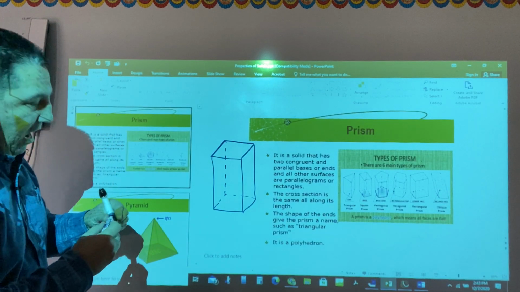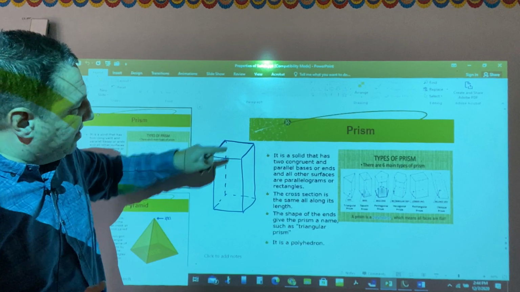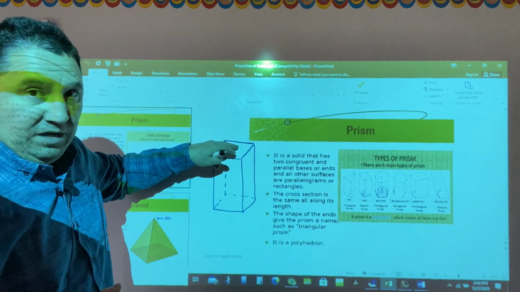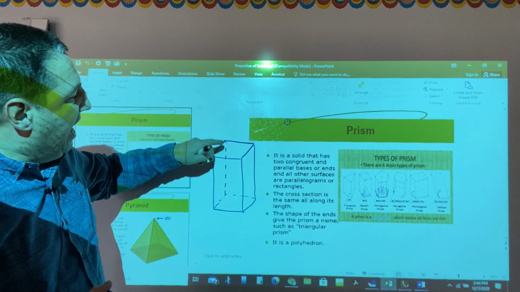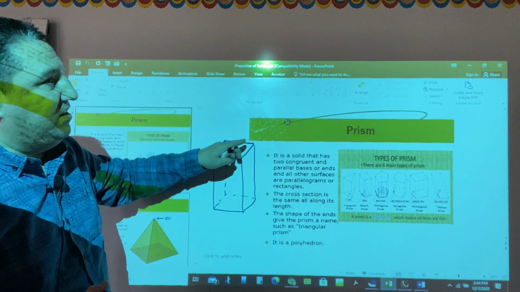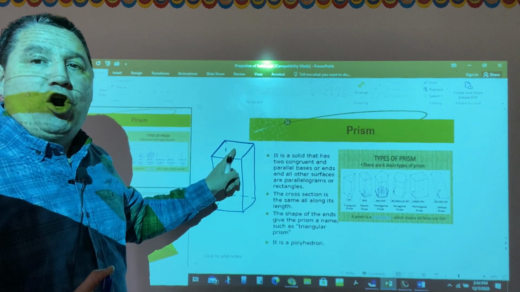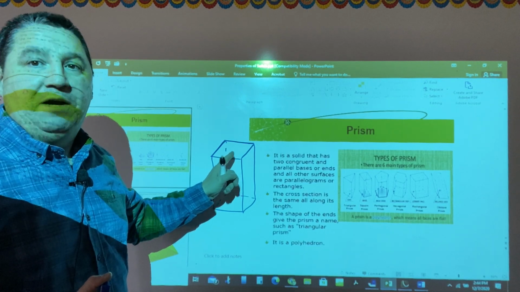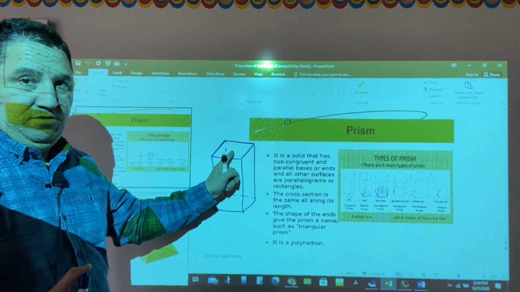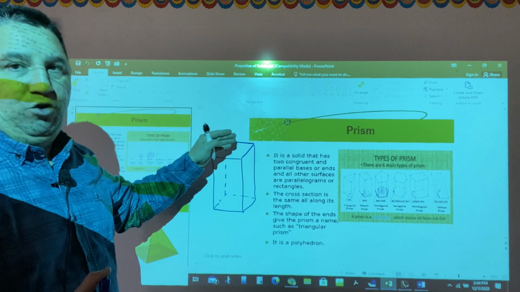Now, the name of this prism is given by the name of its base, the top and the bottom. If the base is a square, we call the prism a square prism.